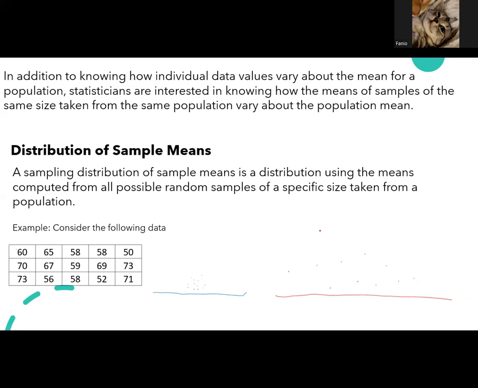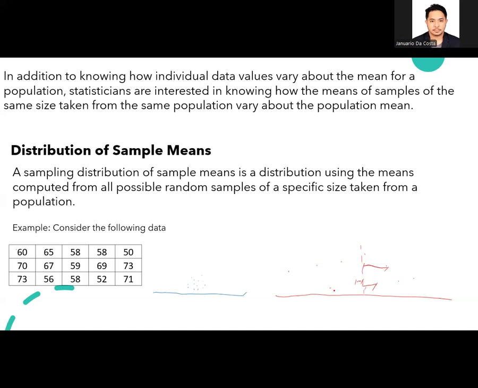Yes. From all of this data, you can calculate the mean, suppose somewhere over here. The variance is basically the distance from each individual data point to the mean.